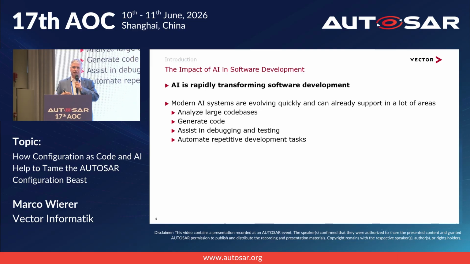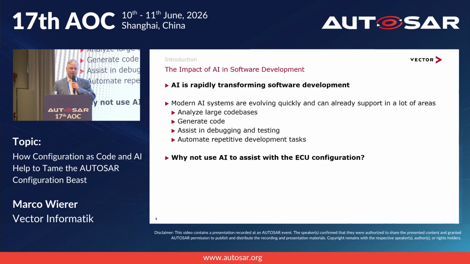It can be used to analyze large code bases, generate code, assist in debugging and testing, and also automate repetitive tasks, so help in the CI/CD workflow. So the solution seems simple. Why not use AI to assist in the ECU configuration? Now let me look at some options how to actually implement this.